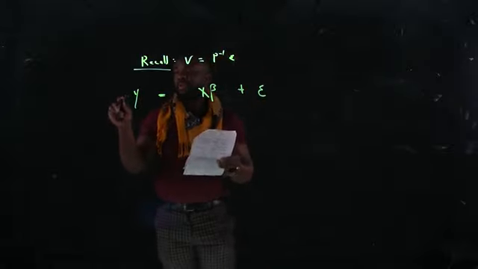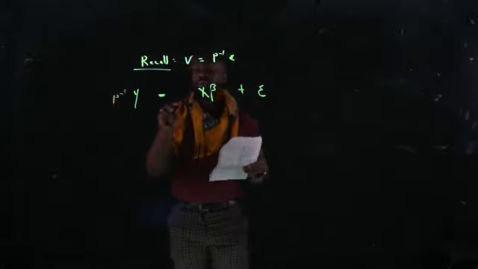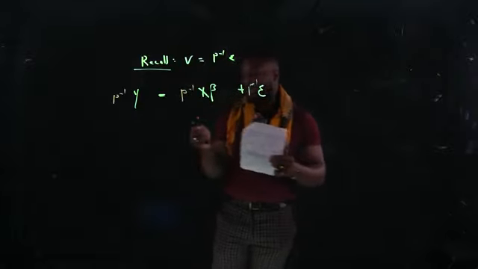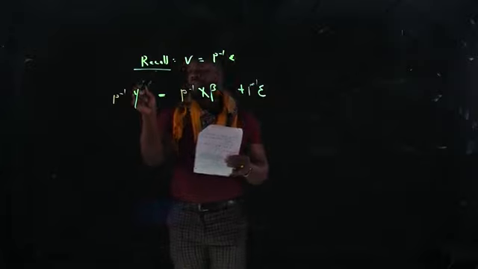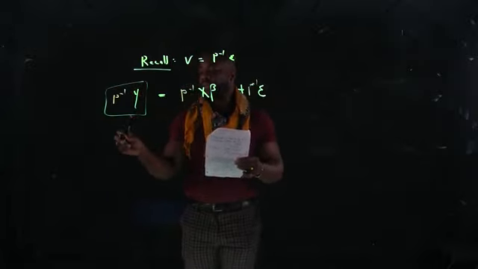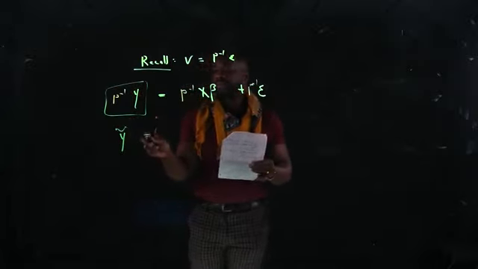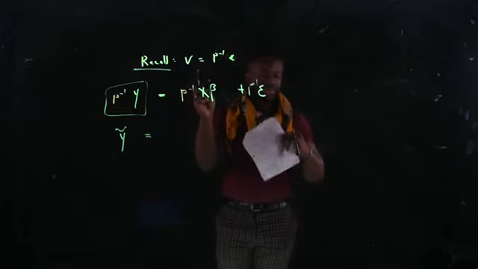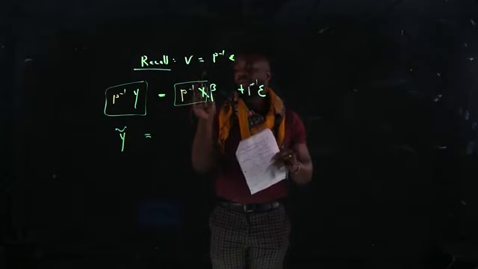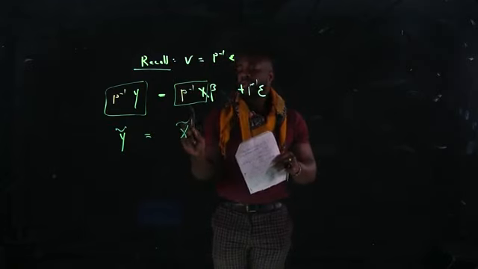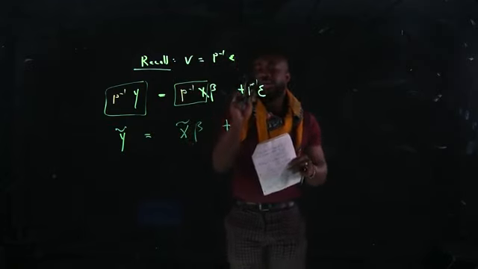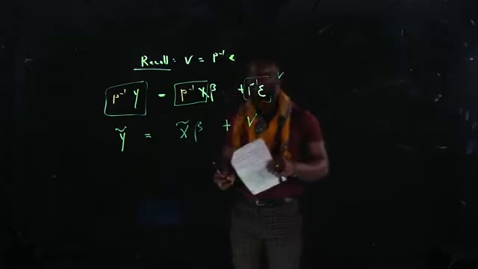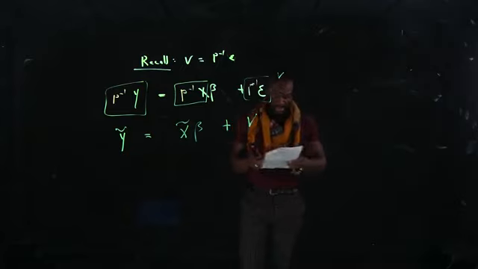We're going to apply P inverse here, here, and here. We're going to take all of this, P inverse y, and call this y tilde. We're going to take all of this here and call this x tilde beta. And we're going to call all of this here v, and make this our error term.